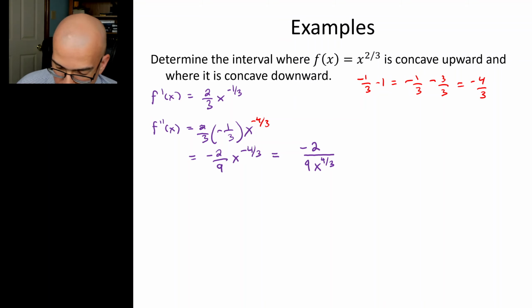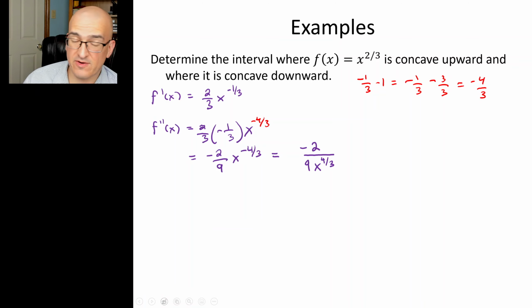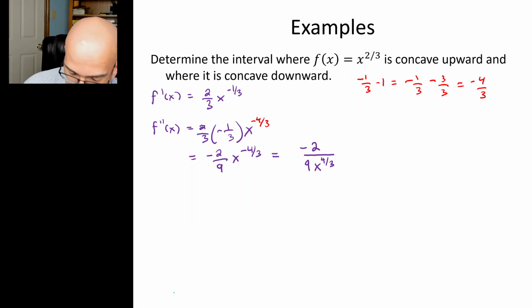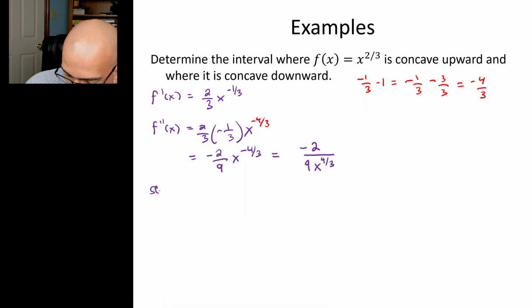Now what do we do? Well, we're going to look for critical numbers. We're looking for f double prime of x equal to 0. So negative 2 divided by 9x to the power of 4/3 is equal to 0.